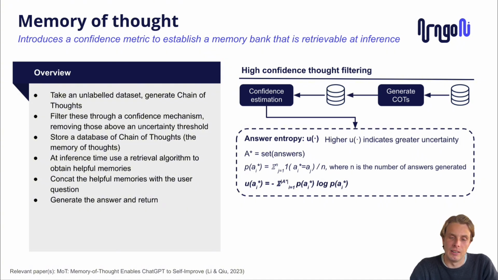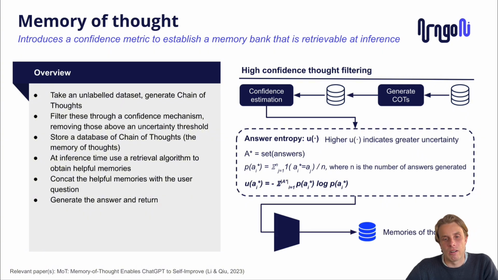And then finally, we calculate the entropy using the standard formula for entropy, which is a measure of uncertainty inherent in the generations. We then now have this mechanism, this score, and you can see here how this gets filtered to then create your bank of memories of thought, which at runtime you retrieve to ingest as your few shot examples to your prompt.